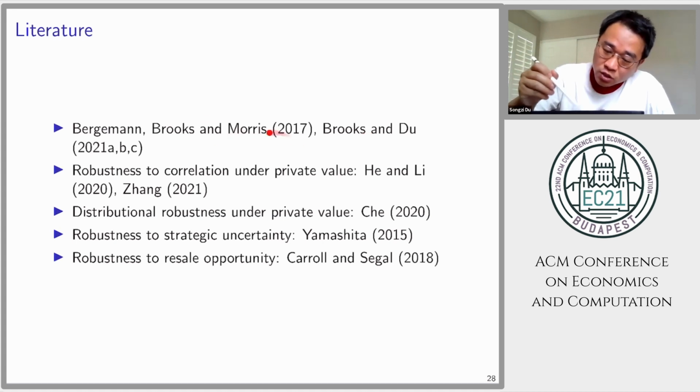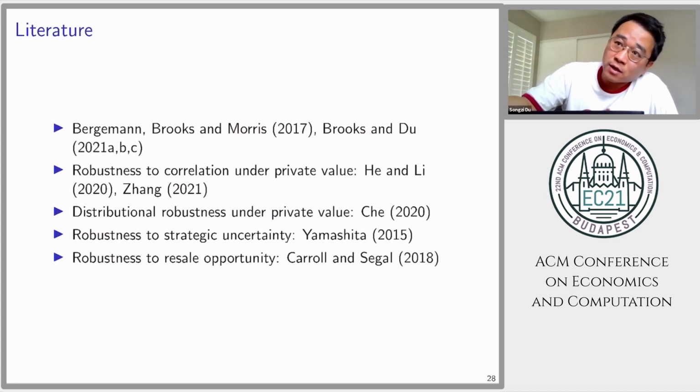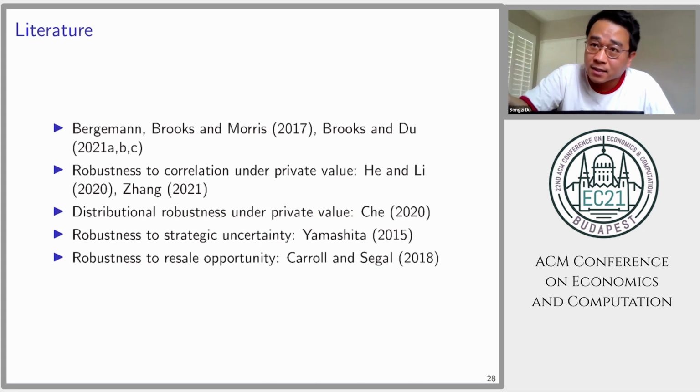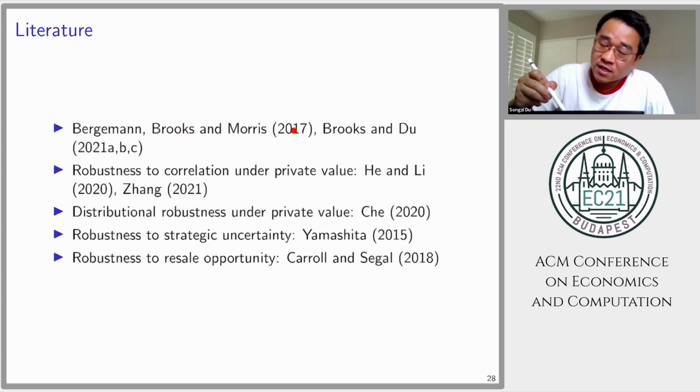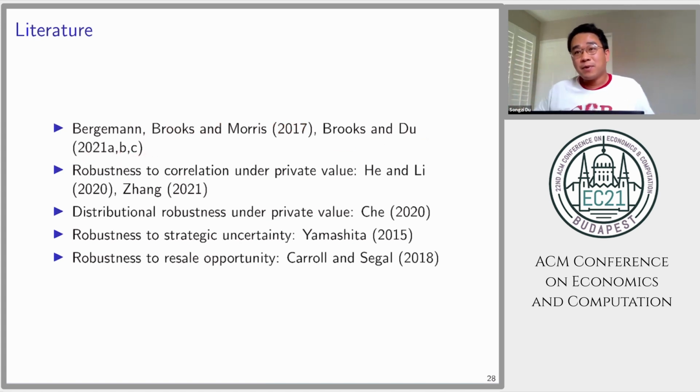First of all, the very first max to min mechanism for the binary common value was constructed by Bergemann, Brooks, and Morris in 2017. And the results that I have reported in these lectures really build on Bergemann, Brooks, and Morris 2017, in a sequence of papers that Ben and I are working on.